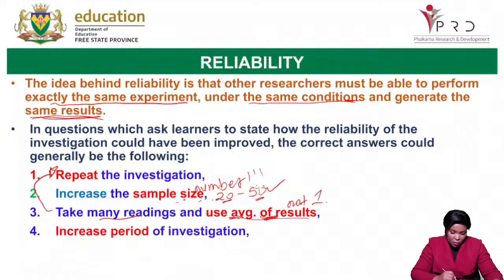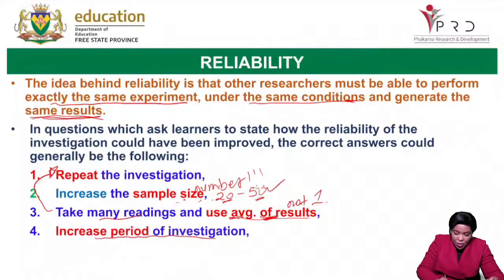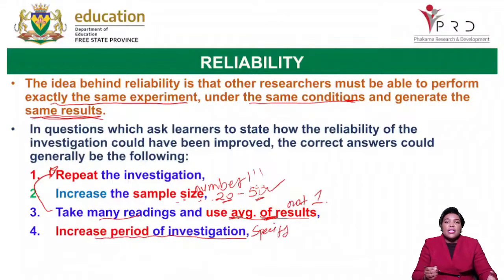Right. Number 4, increase the period of investigation. Also, here you must specify. If you were given that these plants were put in these conditions for a week, when you answer this question, for these results to be reliable, you can say the investigator could have put the plants for 1 month.